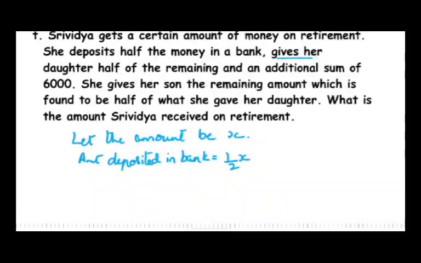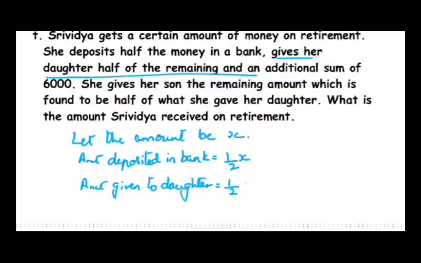She gives her daughter half of the remaining. So the amount given to the daughter is equal to half of the half and an additional sum of 6,000.